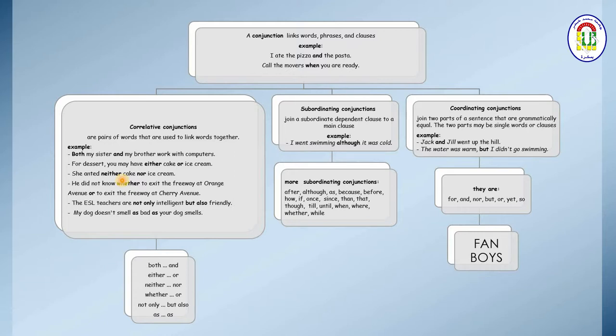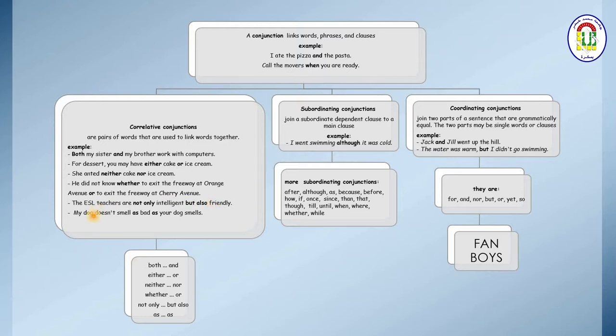The ESL teachers are not only intelligent but also friendly. I think so. Not only intelligent, but also friendly. Yeah, I can guess this.